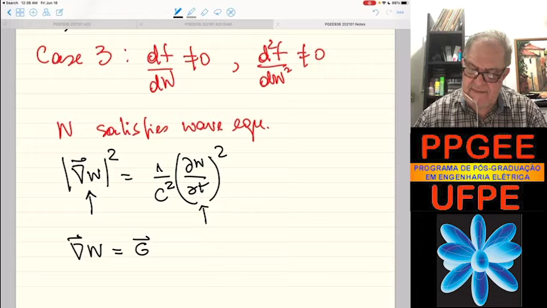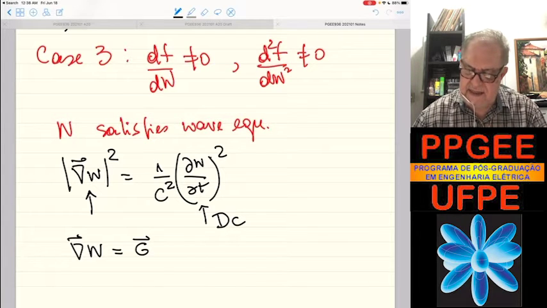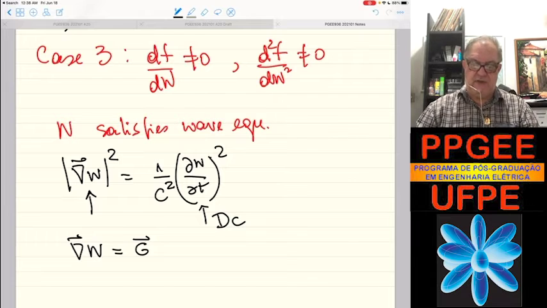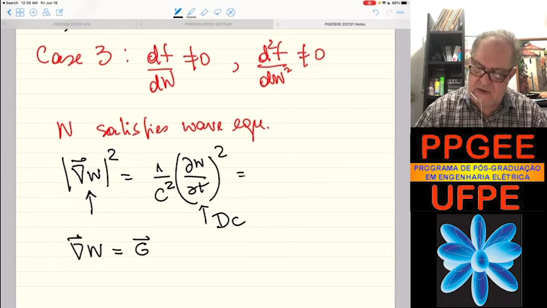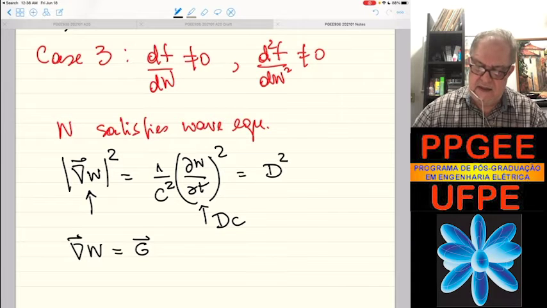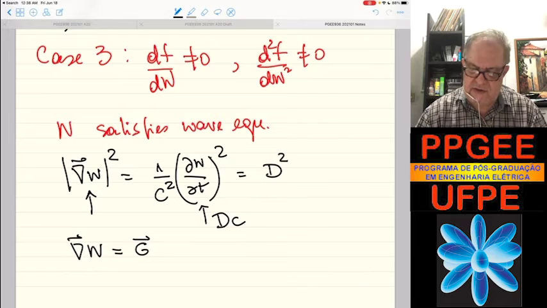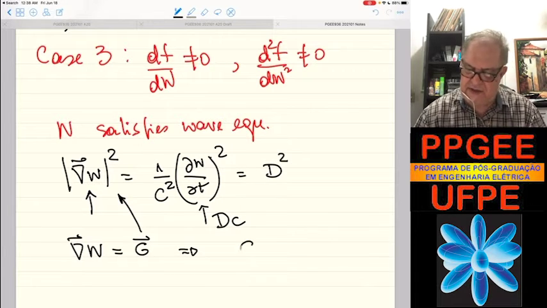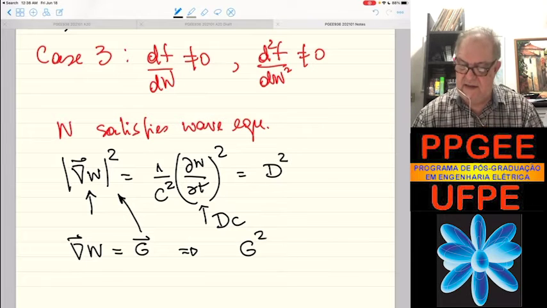And the dW dt I'm going to call a constant d times c. So if I choose the gradient a constant vector, and the first derivative a constant value, this is going to be equal to d squared. So what happens, magnitude of g, if I put that in there, g's magnitude squared equals d squared.